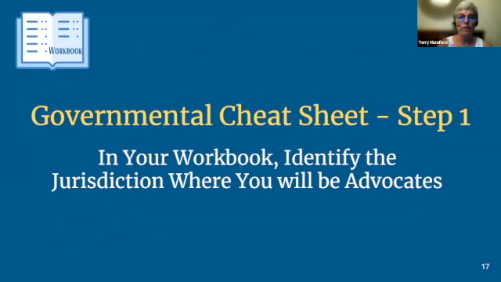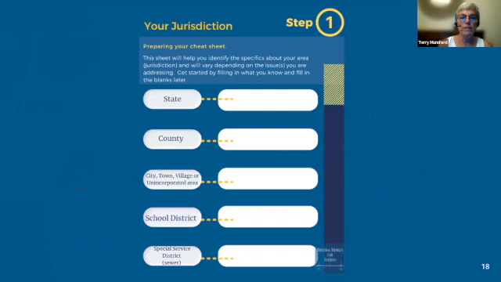So in this presentation, when there's that logo at the top that says workbook, it means that what we're talking about here is covered in the workbook, and we go step by step through the workbook. This is the simplest part of the workbook, and you can start off strong by knowing what state you're in, but then working through, what is the county, and if you're dealing with a group, then have your group members fill this out.